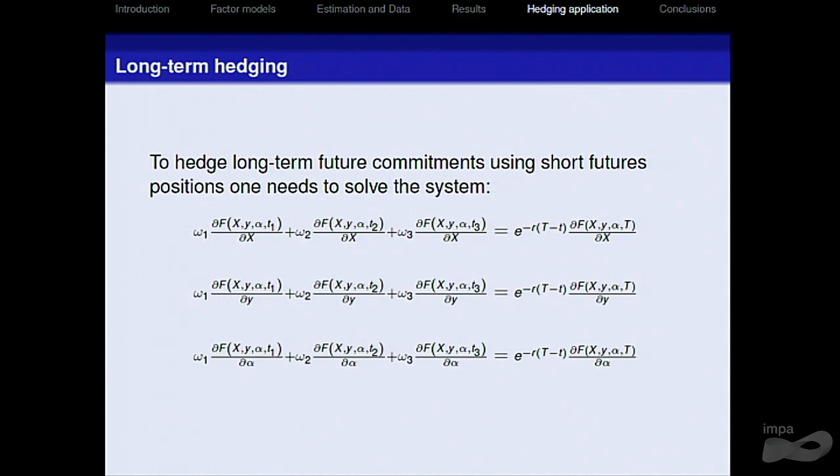There are other types of application of these models for pricing, and a lot of other cases we could show, but to save time, we are going to focus on this hedge.